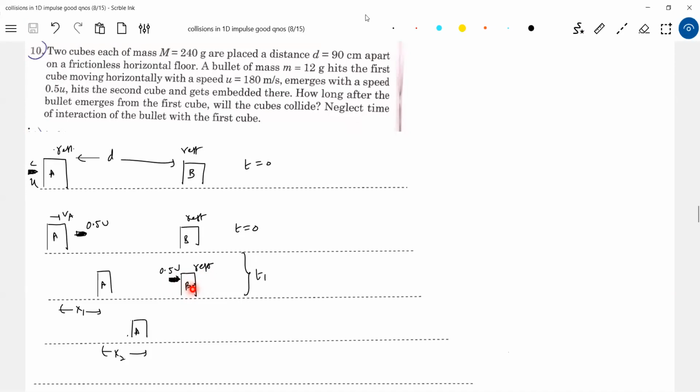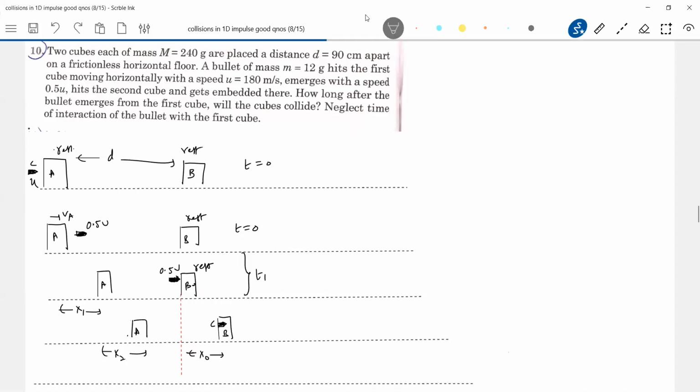Together they move and finally the bullet gets embedded, and they cover some distance together, which I'll call x naught.